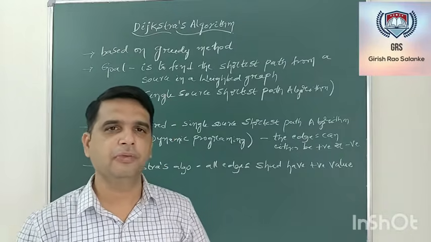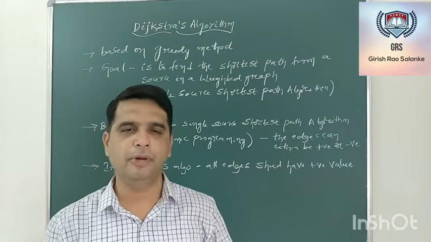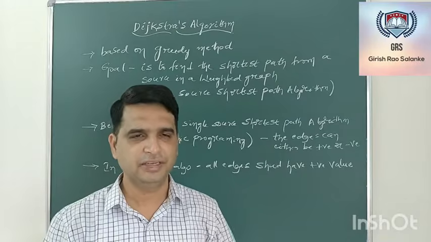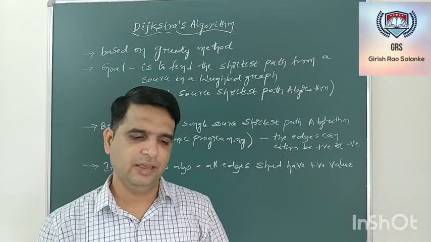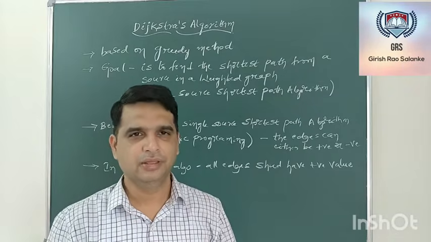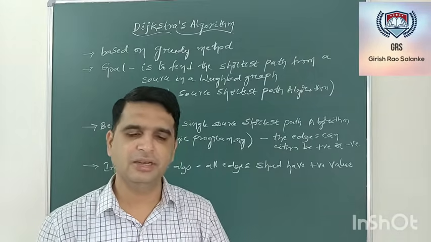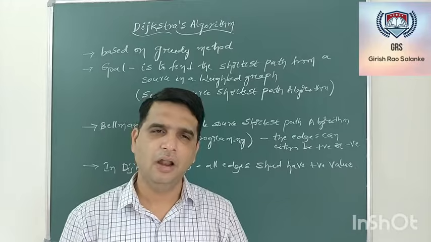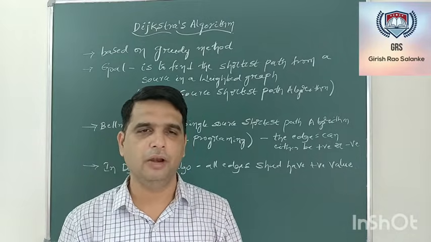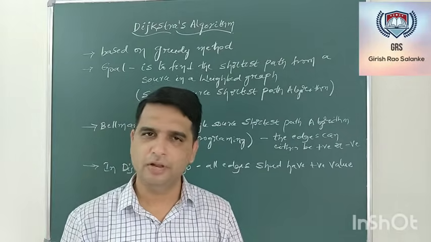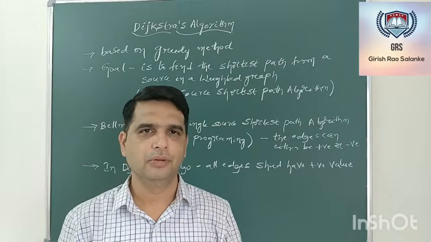One more difference is that Dijkstra's algorithm will not work if the edges are negative. All the edges should have a positive value, whereas in Bellman-Ford, the edges can either be positive or negative.